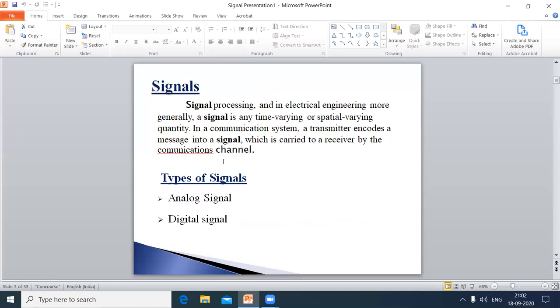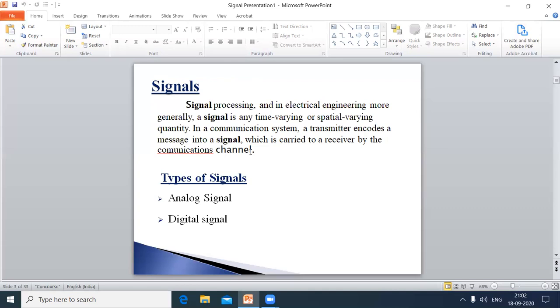Signals. In a data communication system, a transmitter encodes a message into a signal which is carried to a receiver by the communication channel. Signal passes from one device to another device through some communication medium.